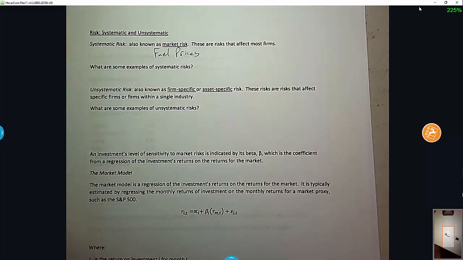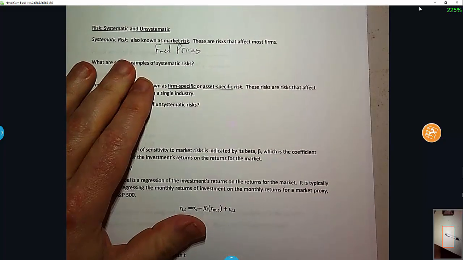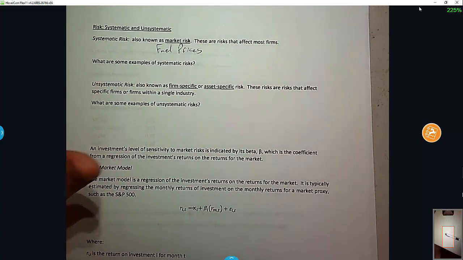As fuel prices go up, their costs increase, and a lot of Walmart's customers are very price sensitive. They have limited budgets. The more money they have to pay for gas to get to and from work and to and from Walmart, the less they actually have to spend on things in Walmart. So increasing fuel prices is generally a negative thing for profitability for most companies, except for oil companies.